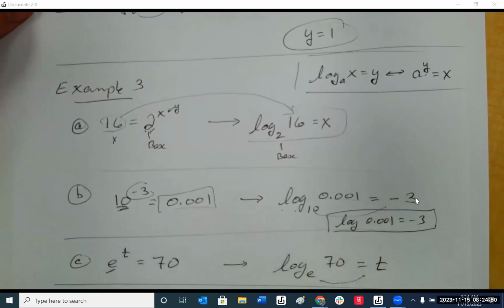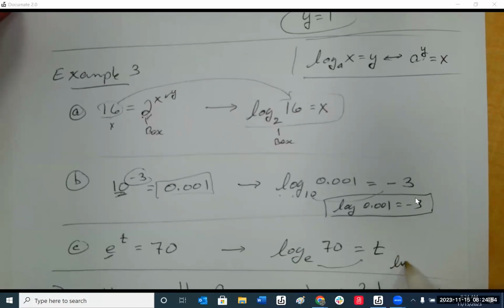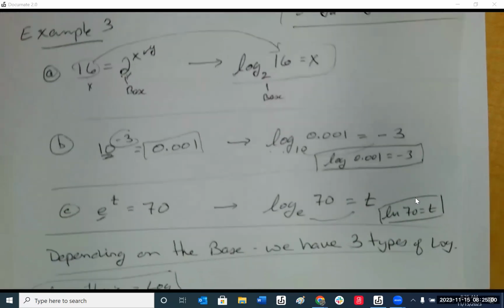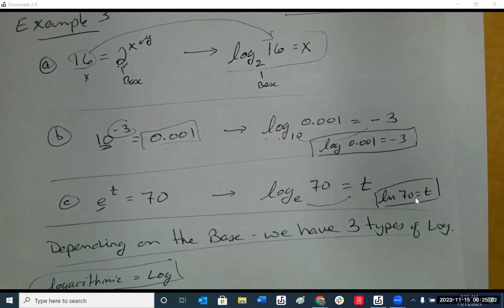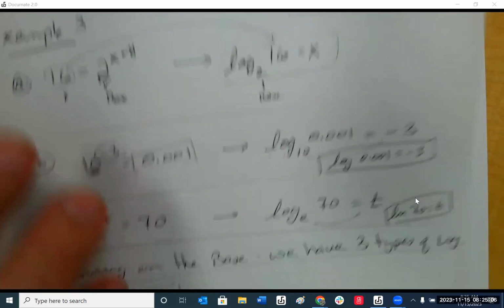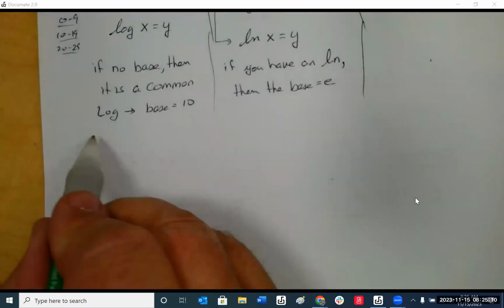There's no base because it's base 10. And this one would be written as ln t. It's just the way that it's written to help distinguish between the three. So let's now do some more conversions.